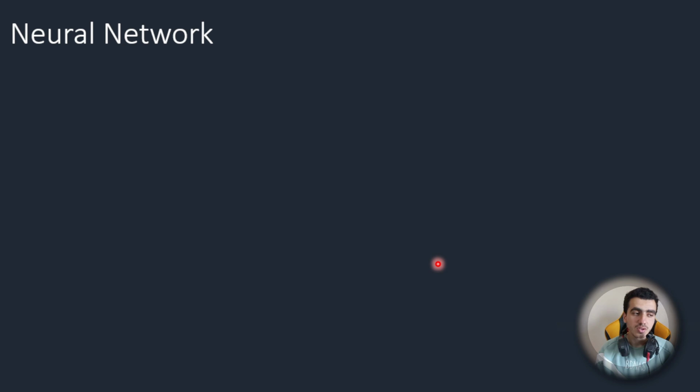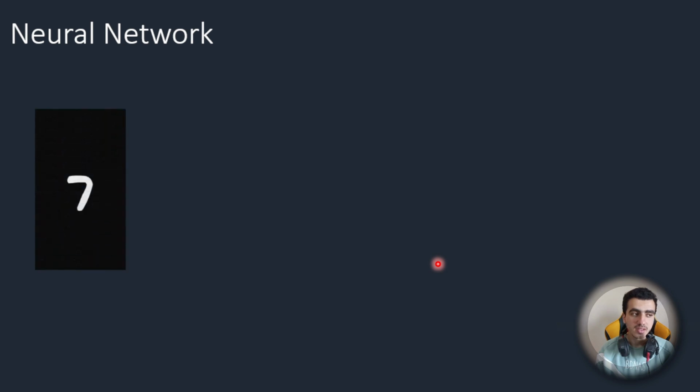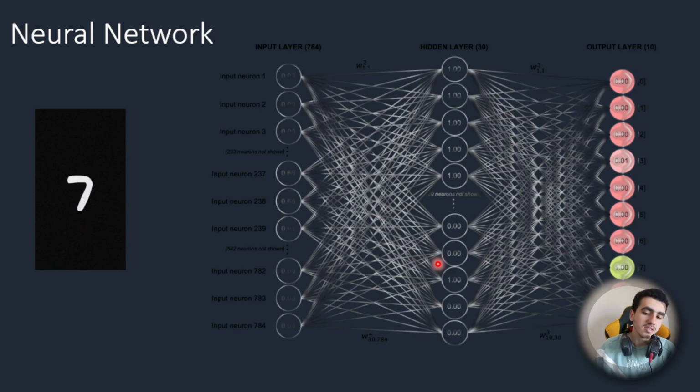Another thing is the neural network. Here, as we can see, we have a single hidden layer of 30 neurons, and the input layer is 784 neurons. This input layer is basically all the pixels of this image.